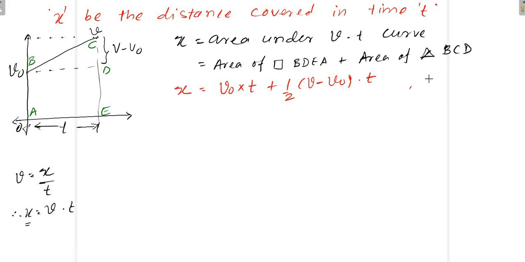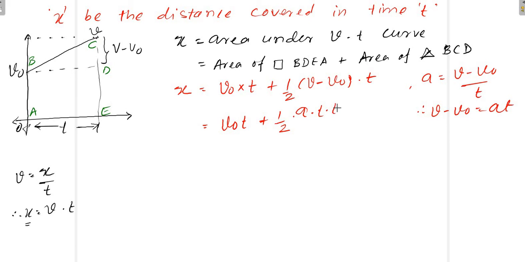Now we already know that a is nothing but v minus v0 divided by t, right? So v minus v0 is equal to at. If I substitute over here, I get v0t plus 1/2 a into t into t, or let me say it is v0t plus 1/2 at square.